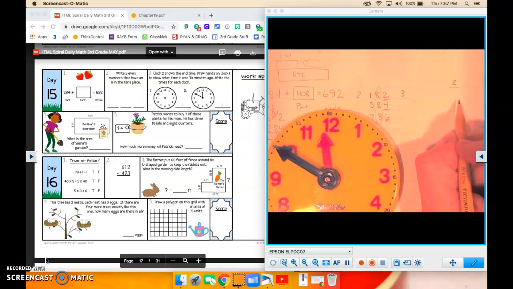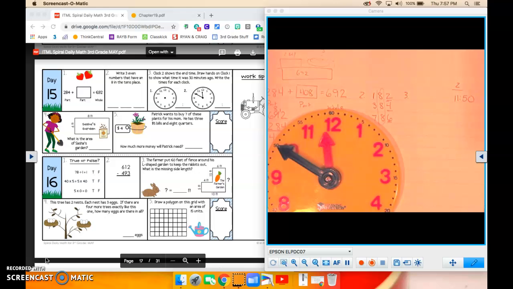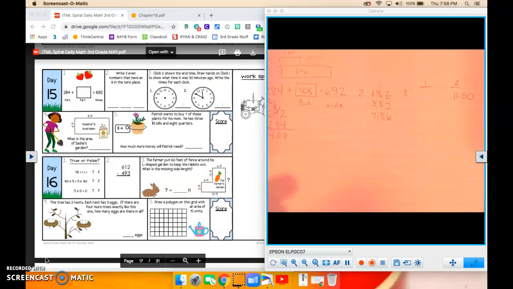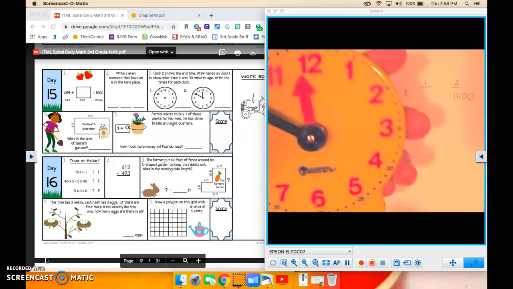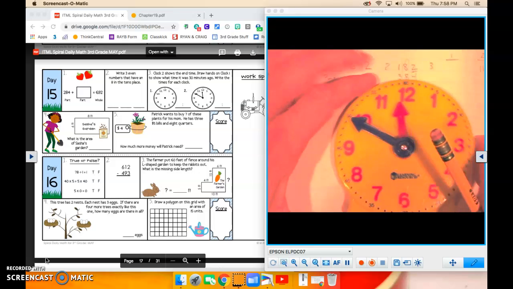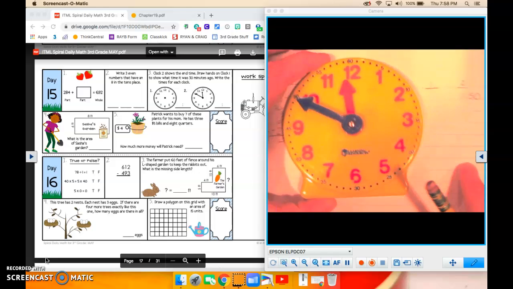Clock 2 shows 11:50. Now, clock 1, what we have to do here is count 30 minutes back, right? Because it started before 11:50, and it started 30 minutes before 11:50. So now we need to count back 30 minutes.